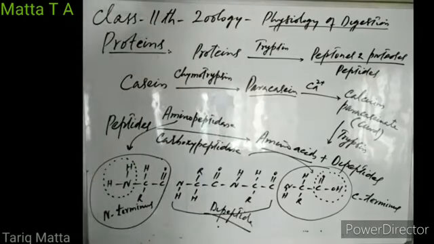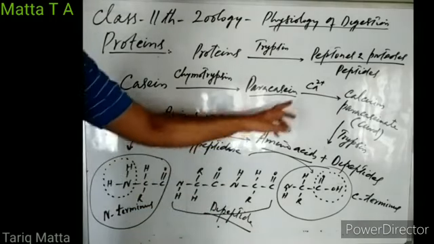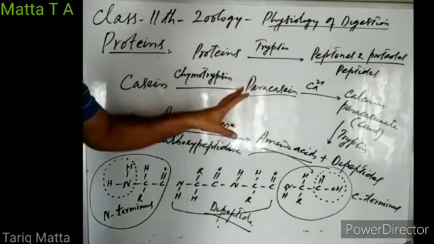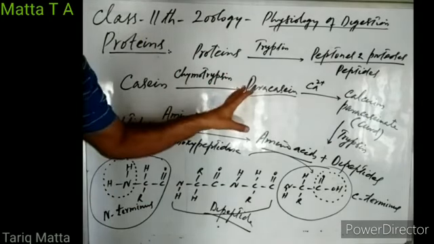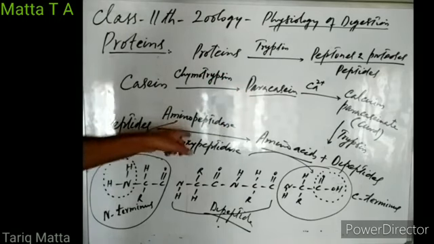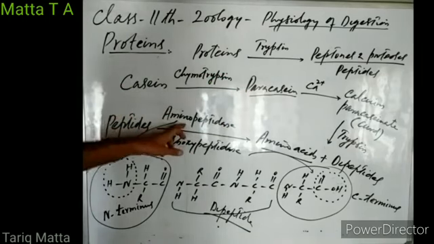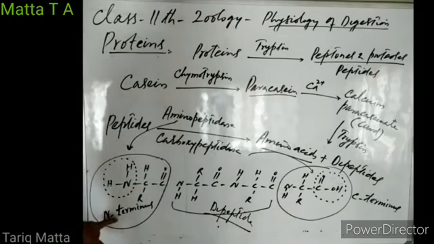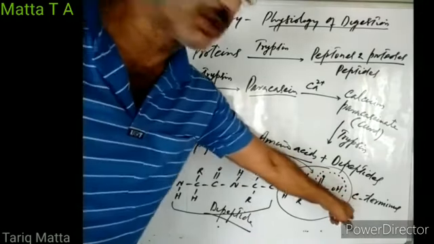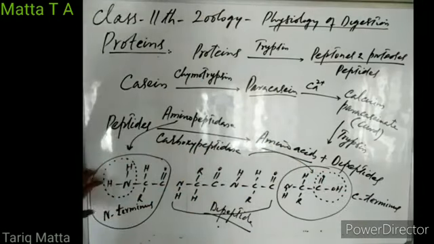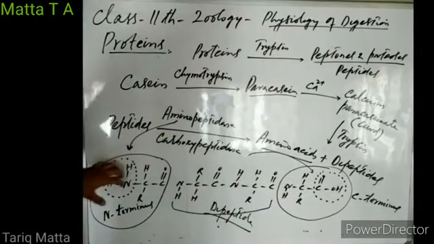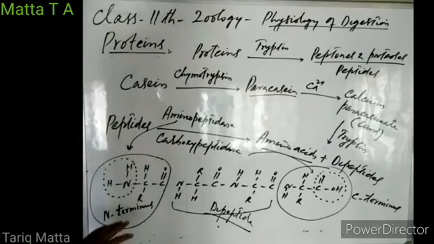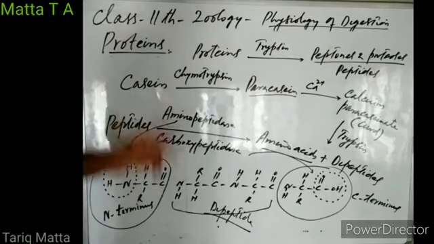All those peptides which were formed by the action of endopeptidases are now digested by exopeptidases. Aminopeptidase and carboxypeptidase are exopeptidases. So this is the action of aminopeptidases and carboxypeptidases.